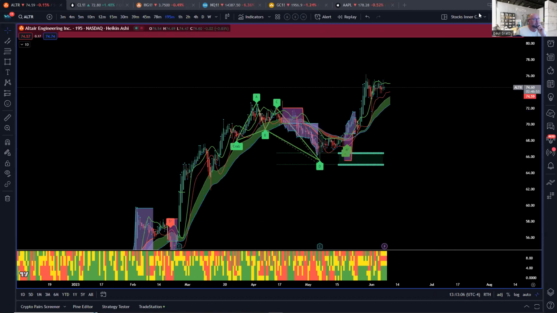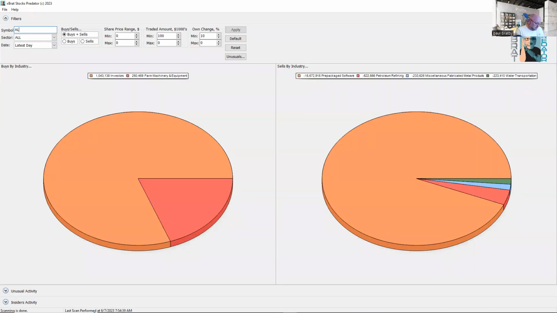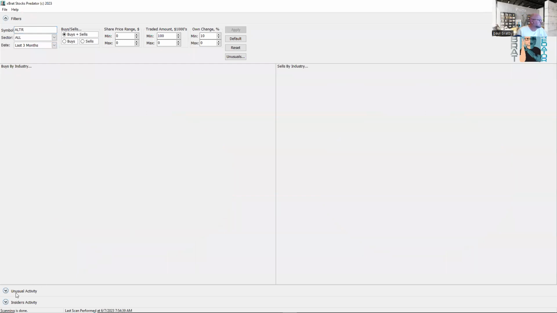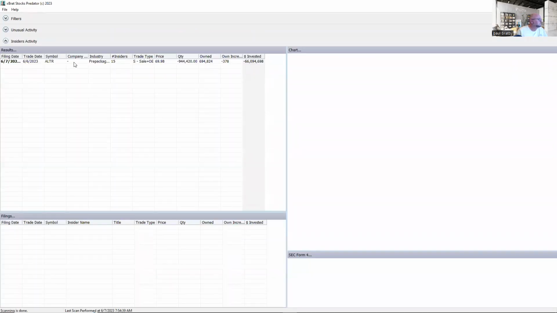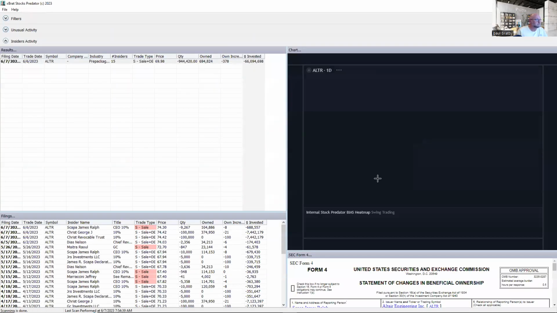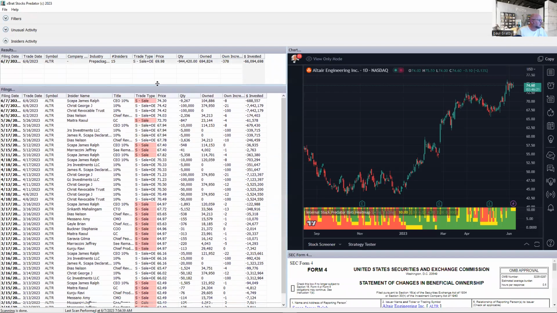Be interesting actually if we go back on ALTR. I'm going to put ALTR in there. I'm going to go for the last 3 months. Oh, there was a lot of selling. There's been a lot of selling.